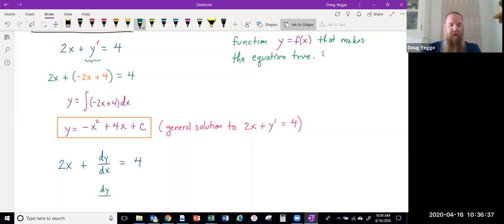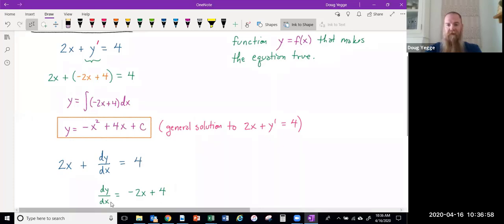And we now get dy dx equals negative 2x plus 4. So I didn't have to reason through, like I did up here, what my derivative would have to be. I just got the derivative term by itself.